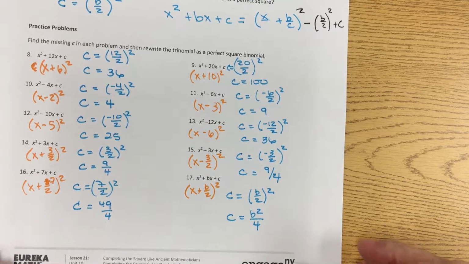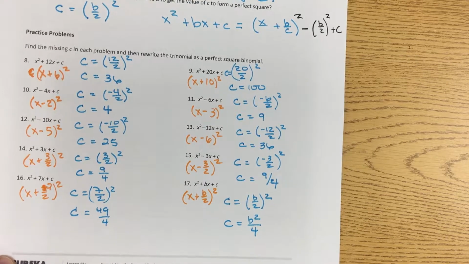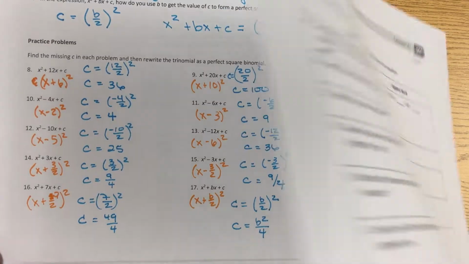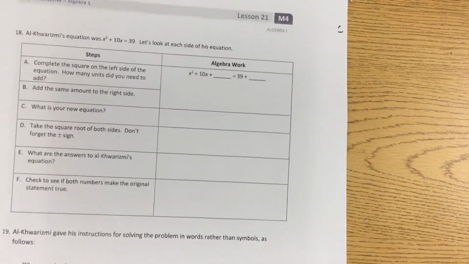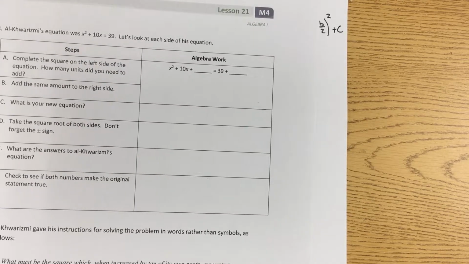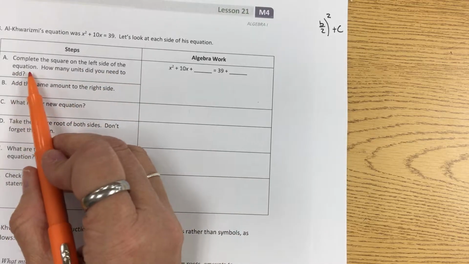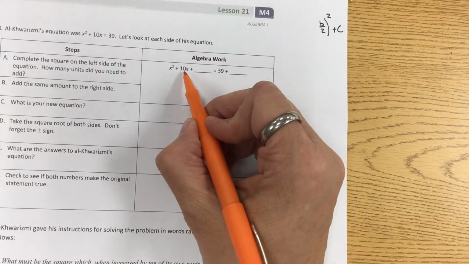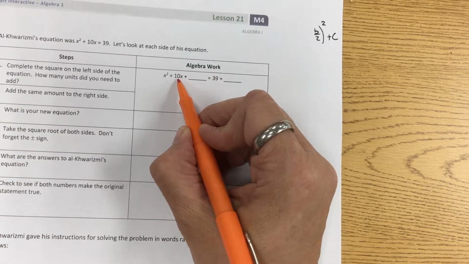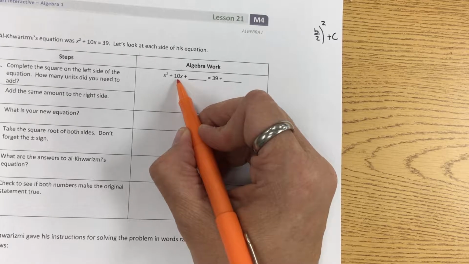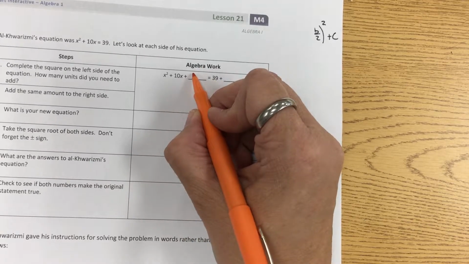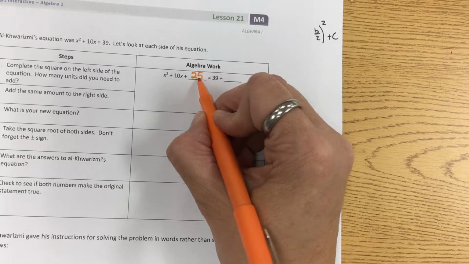So now we're going to go ahead and look at number 18. And let's do this together, okay? Complete the square on the left side of the equation. So we just talked about we take half of this and we square it. So half of 10 is 5, and we square that, get 25.